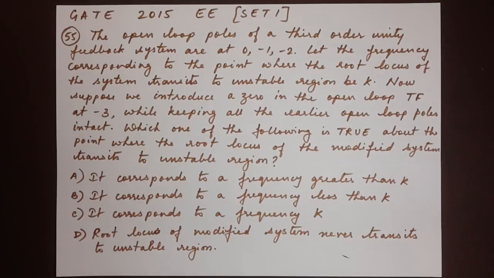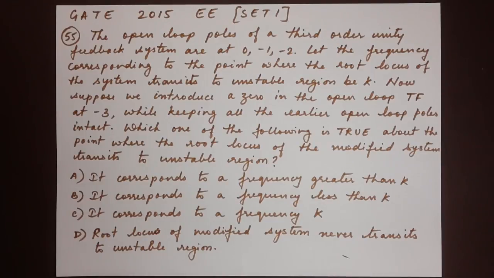Now suppose we introduce a 0 in the open loop transfer function at -3, while keeping all the earlier open loop poles intact. Which one of the following is true about the point where the root locus of the modified system transits to unstable region?